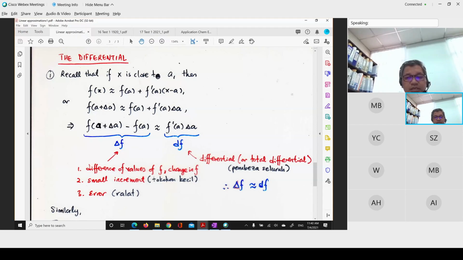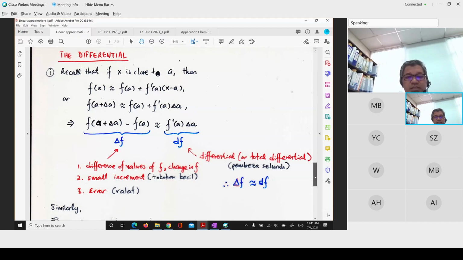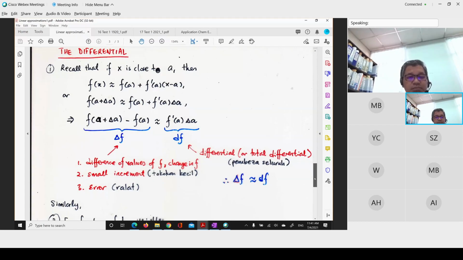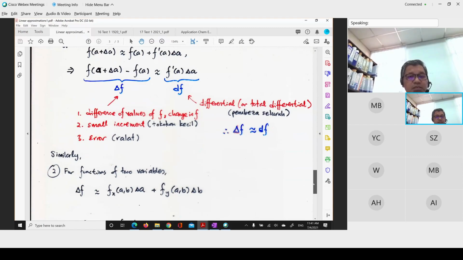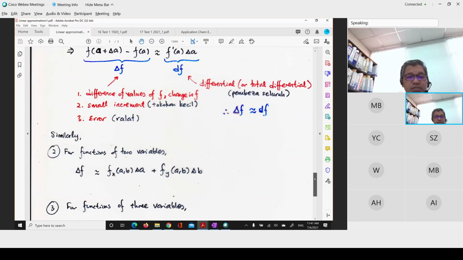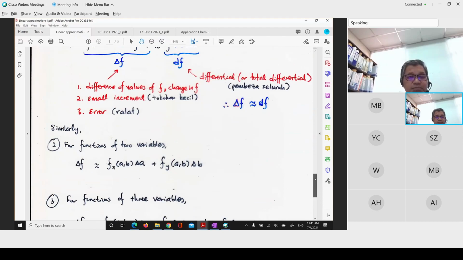Delta F may represent error, dF represents a differential or total differential. There is a terminology used in mathematics here. The same idea for the differential for a function of a single variable can be extended to a function of two variables.